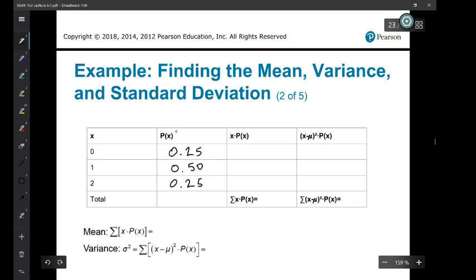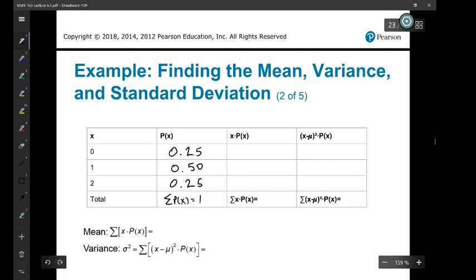The total sum of those probabilities is 1, as you can verify by adding up all those entries. So the meaning of this formula here is to take each x, multiply it by its corresponding probability, and then add up all of those products.